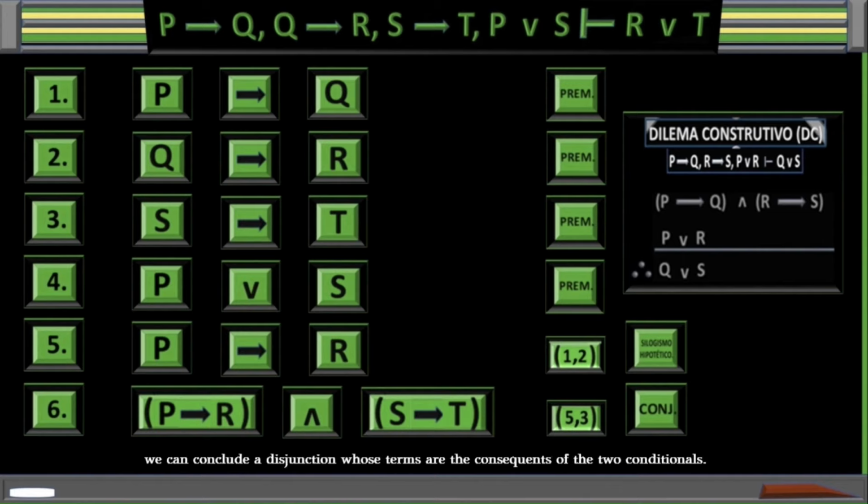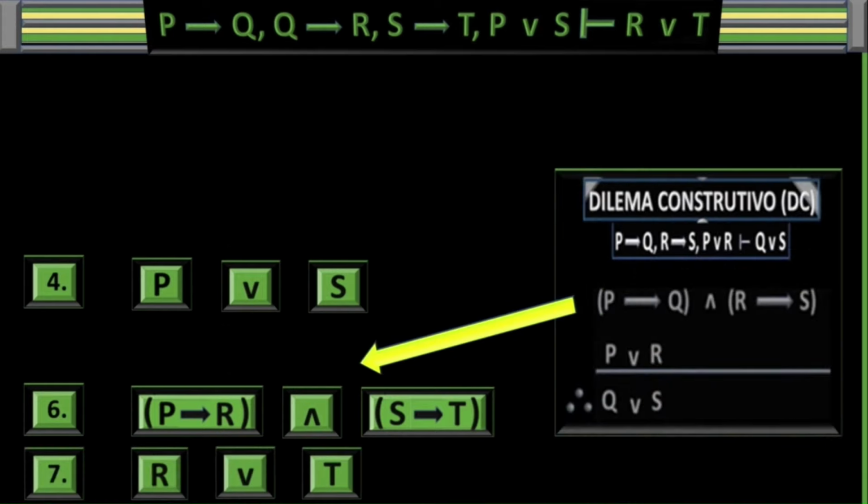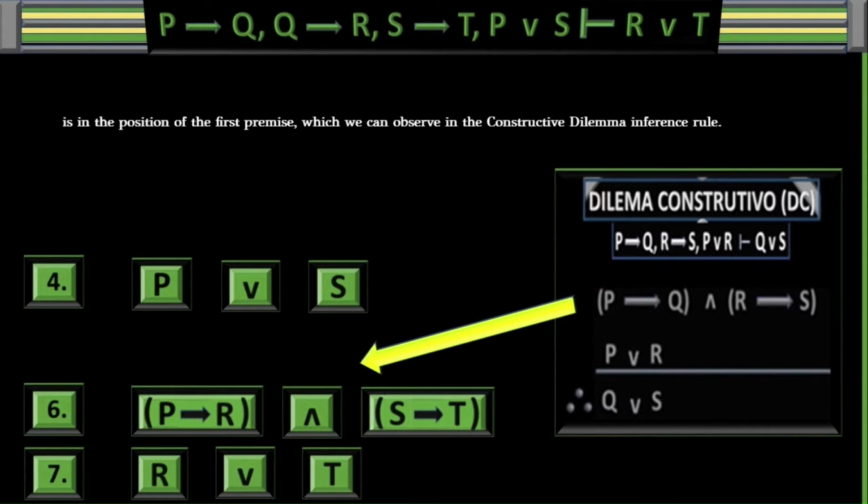Thus, in line 6 of our proof, the conjunction if P then R and if S then T is in the position of the first premise, which we can observe in the constructive dilemma inference rule.